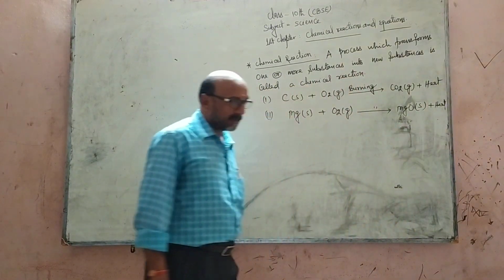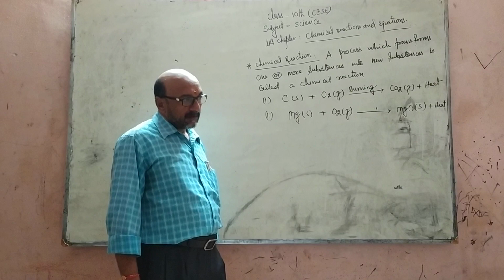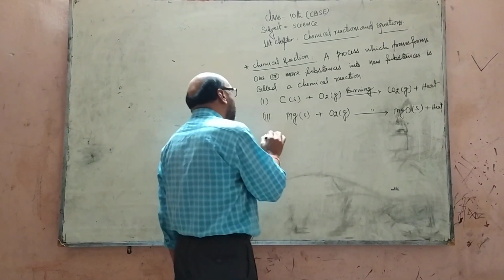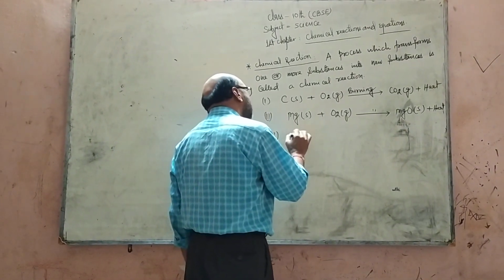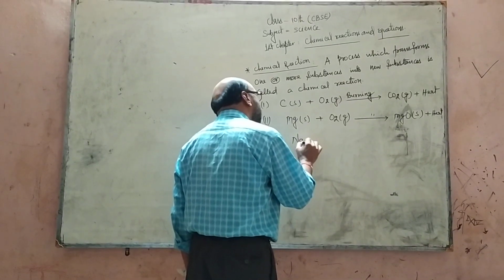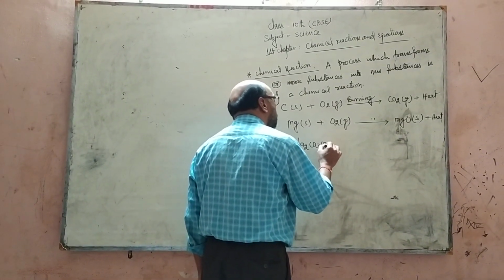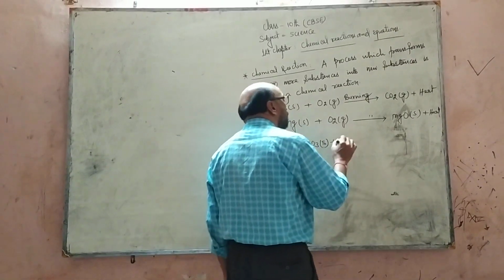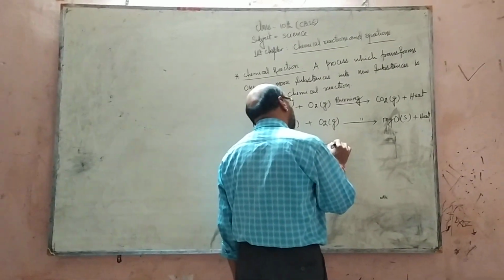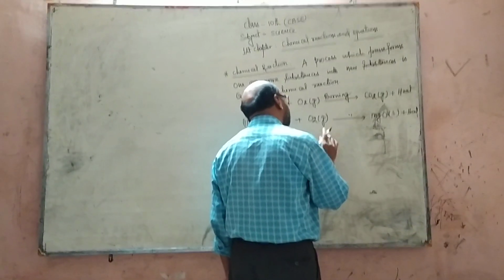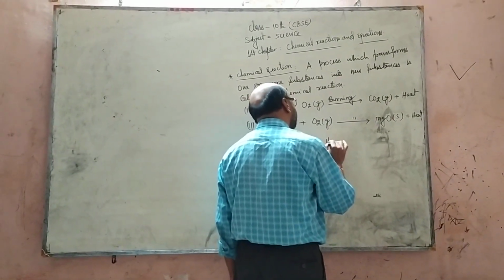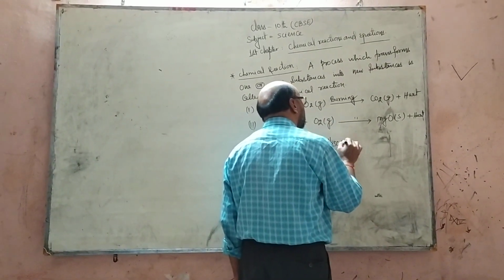Similarly, we can take another chemical substance, which is sodium carbonate, and allow this sodium carbonate to react with sulfuric acid in the dilute form.